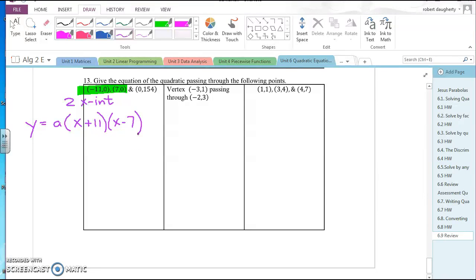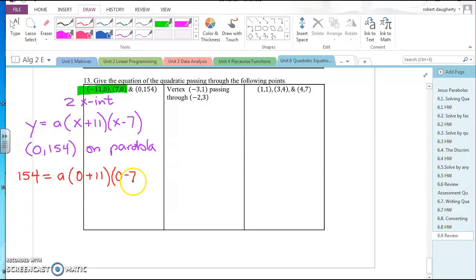Furthermore, I know that 0, 154 is on the parabola. So when I plug in 154 for y and 0 for x, that should help me solve for a. So 154 equals a times negative 77.